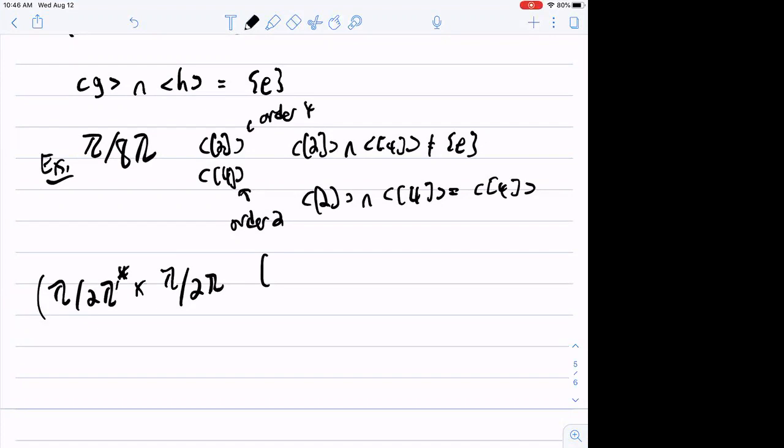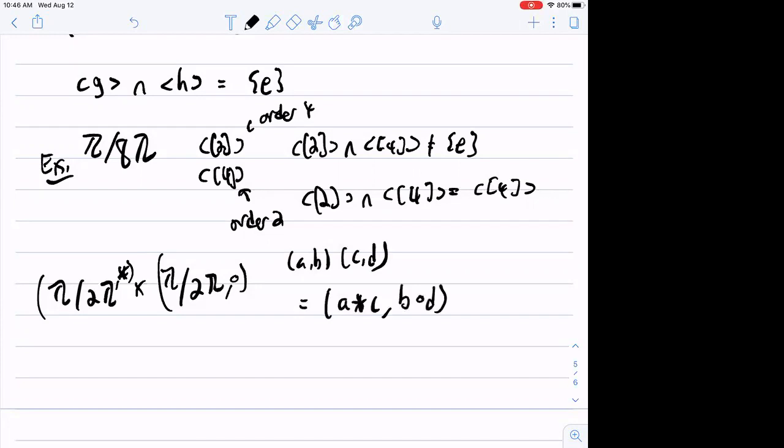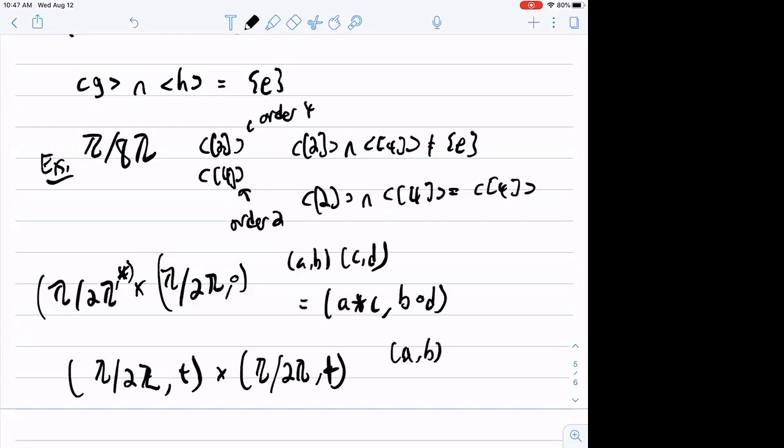If this is star and this is circle, then (A, B) operation (C, D) is (A star C, B circle D). In this case, since both are under plus, (A, B) operation (C, D) is (A plus C, B plus D).